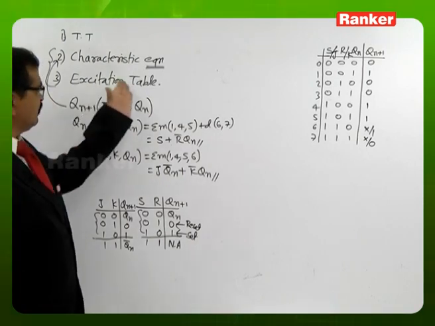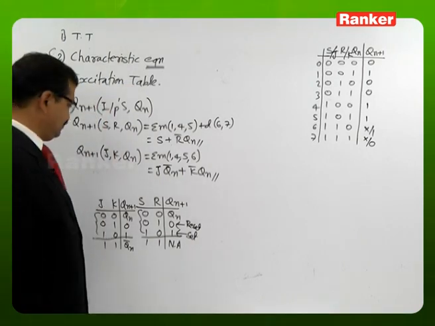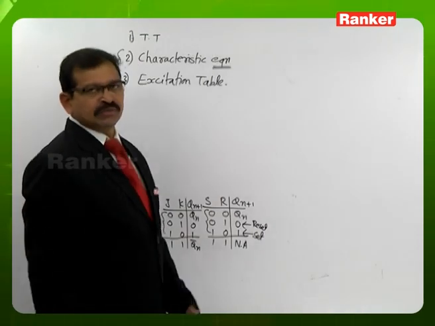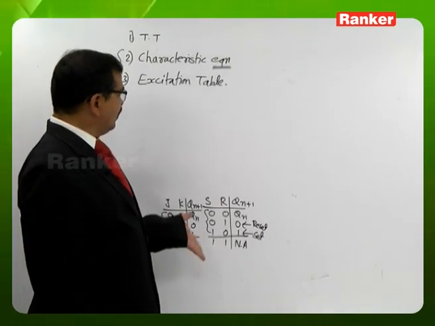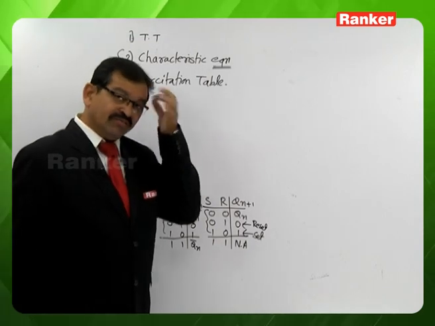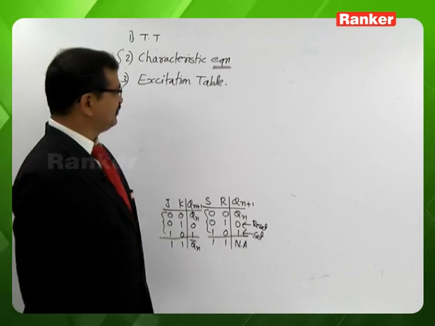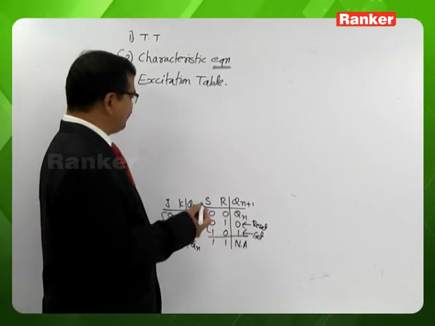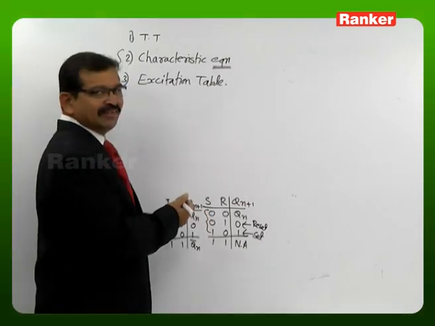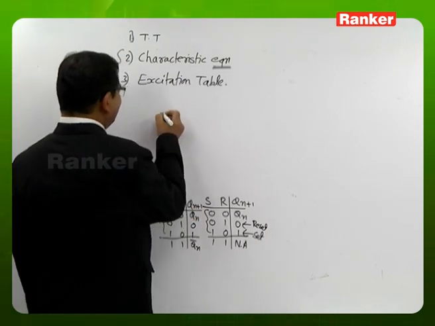The next one, we are looking at the excitation table. For each and every flip-flop, we are looking at some table as a truth table, and we need to question ourselves what information we want to read from the excitation table. We can look at the meaning like this.